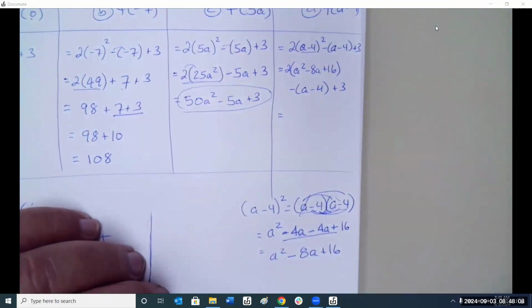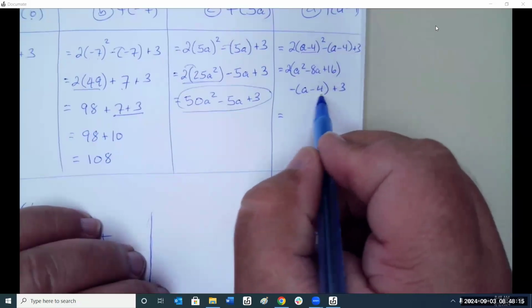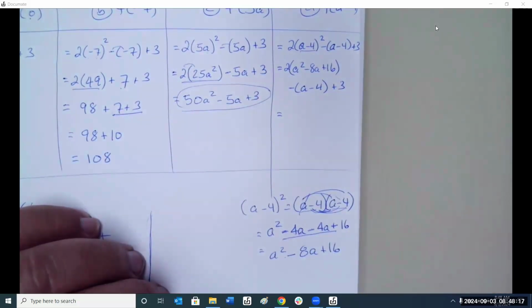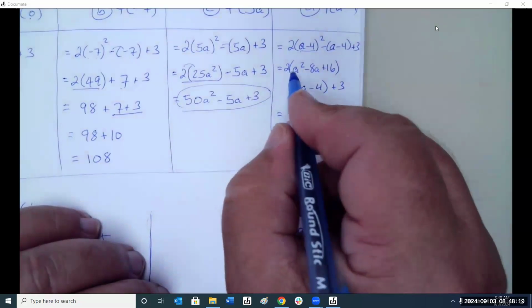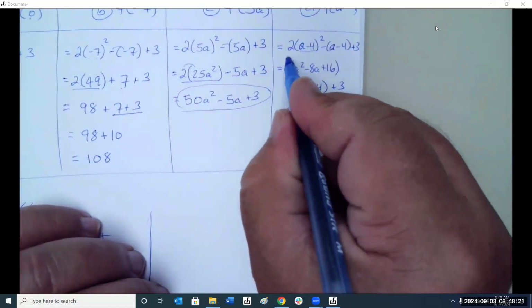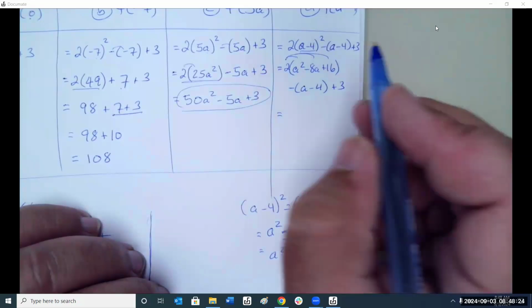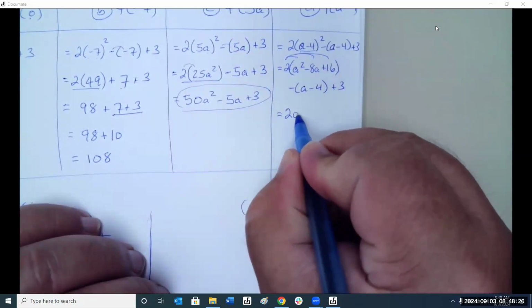So now what do we do? Can we do anything inside the parentheses? No. So we have to get rid of the parentheses. Distribute. This 2 multiplies to everybody inside the first one. So 2 times a squared is 2a squared.